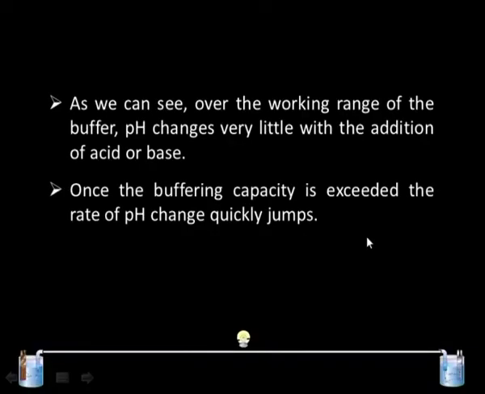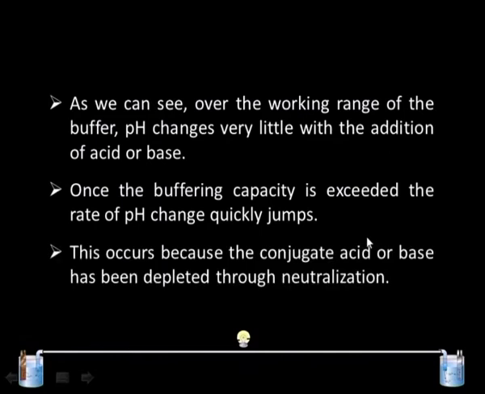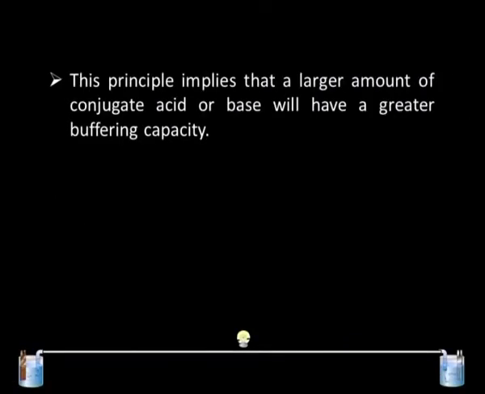Once the buffering capacity is exceeded, the rate of pH change quickly jumps. This occurs because the conjugate acid or base has been depleted through neutralization, and this principle implies that a large amount of conjugate acid or base will have a greater buffering capacity.